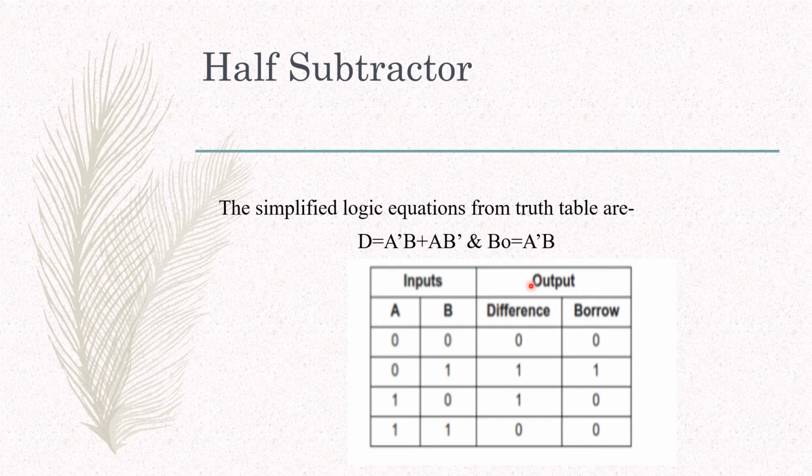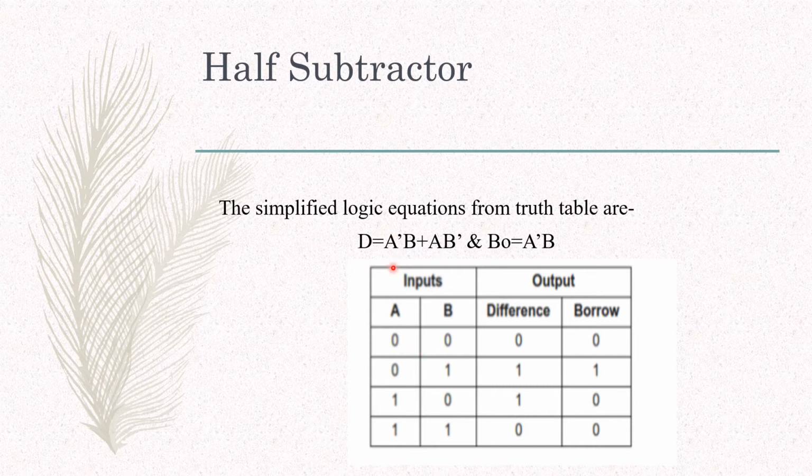Here, this output difference can be obtained by simply putting the values into A negation B plus A B negation. Since we have 0 0 as input A and B, negation of A will be 1 and negation of B will be 1.